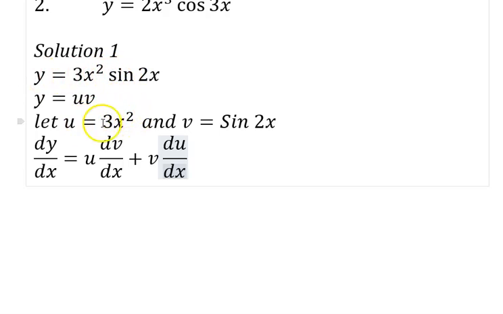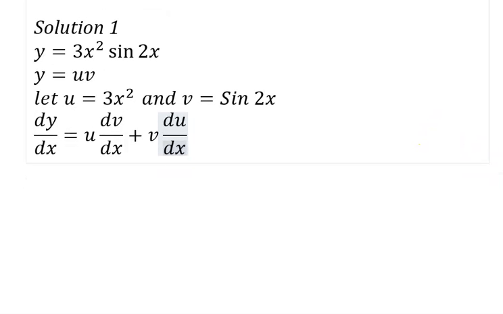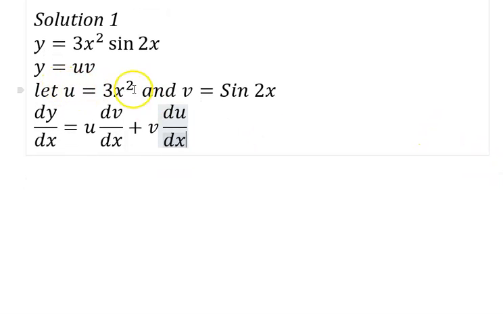But we need to differentiate this one after the other so that we can put our values here. Okay, let's start with this. Since we have asked this u to be 3x squared, this is u, this is v. So this u, which is 3x squared, let's differentiate it so that we can put it here.